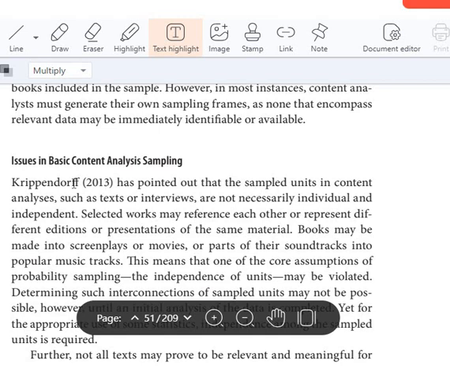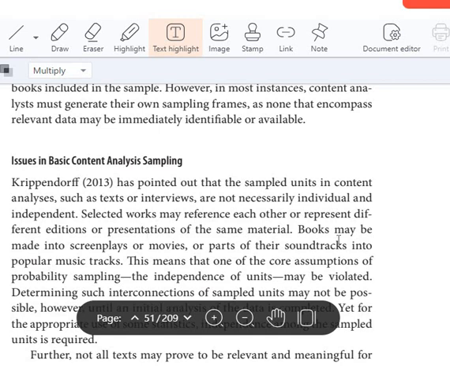Because we said that the researcher should not interfere with the data. The research must be objective here in basic content analysis, but sometimes independence is not found. Why or how is that? Selected works may reference each other or represent different editions or presentations of the same material. And this is so bad here in basic content analysis.